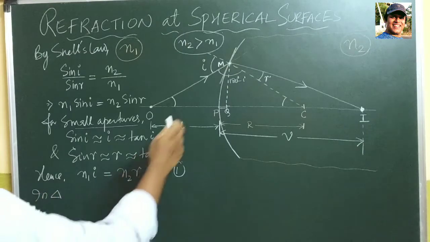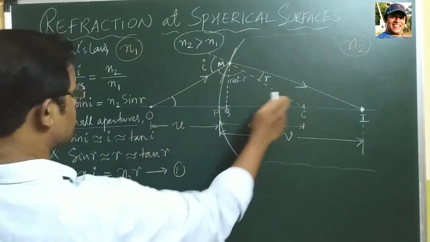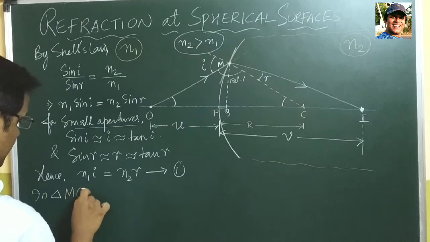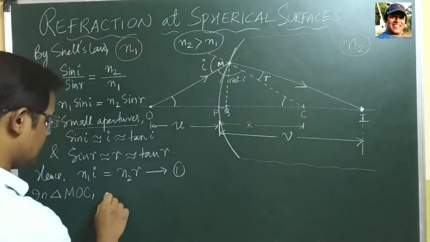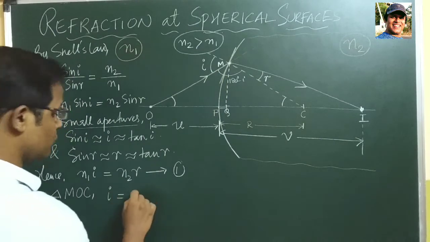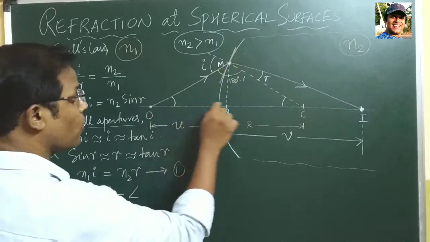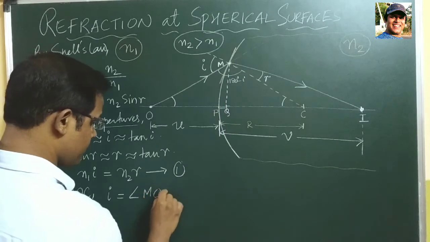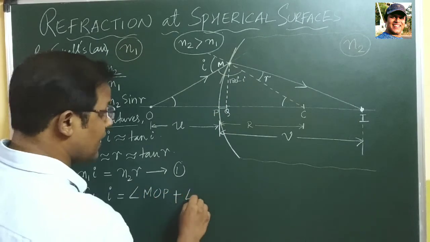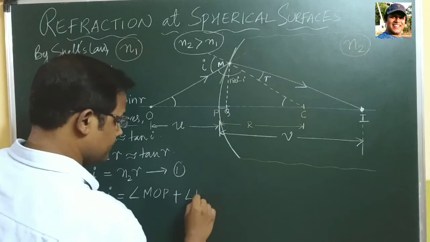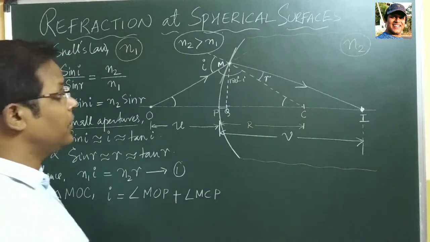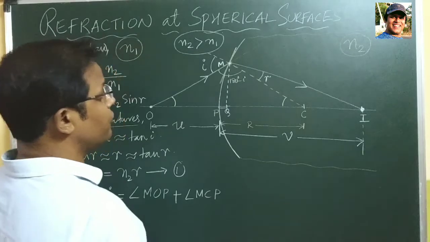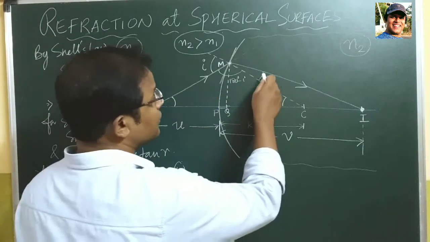So we'll get something like this. In triangle MOC, I get your point clear? Okay, so we can write I is equal to angle MOP plus angle MCP. That's pretty good there. Okay, and similarly now we will search for another angle in the triangle here.